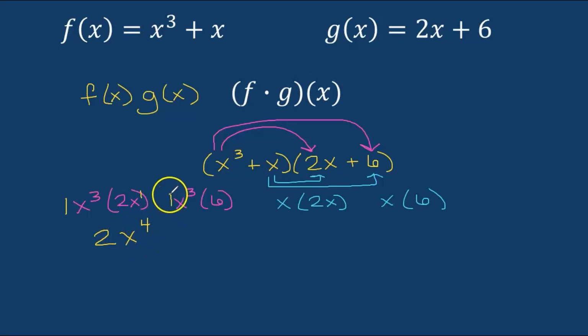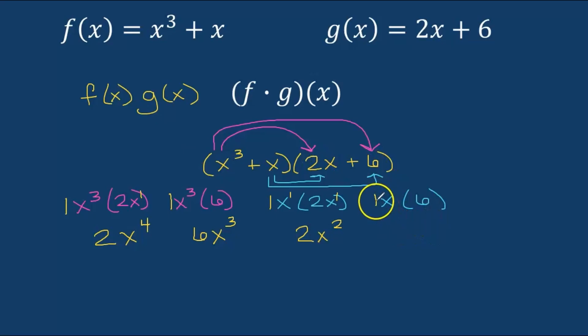There's an invisible 1 here as well. 1 times 6 is 6, and there aren't any more x's, so this is 6x cubed. There's an invisible 1 here, and 1 times 2 is 2. And remember, there's 1 here and here, so we have 2 x's when we're done multiplying. Everything so far has been positive.